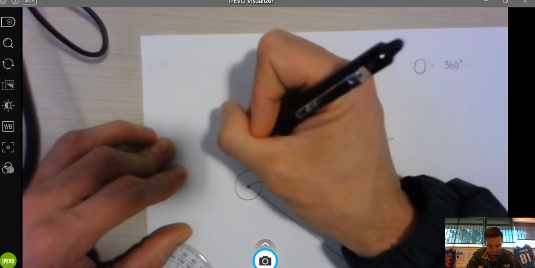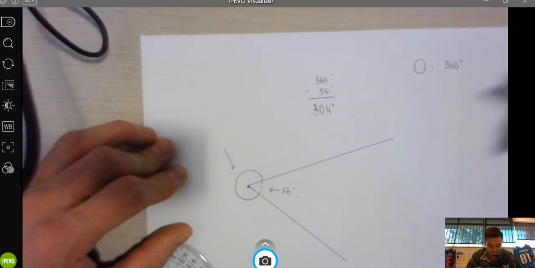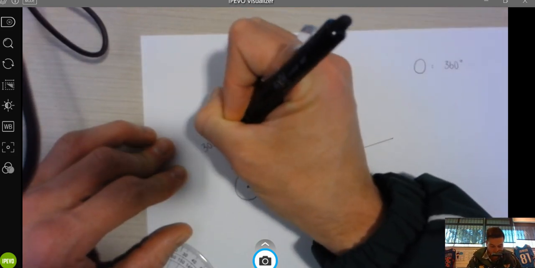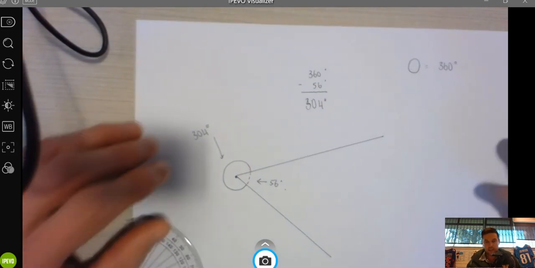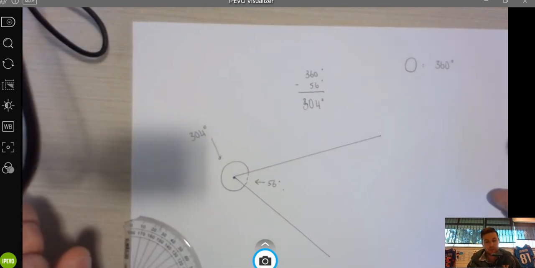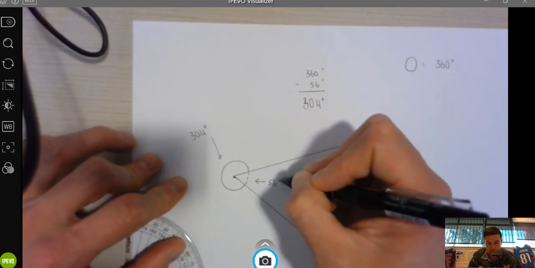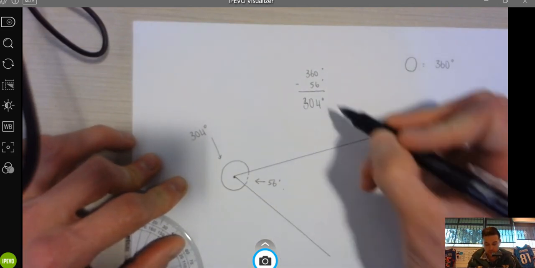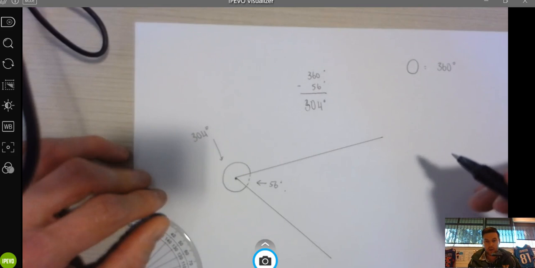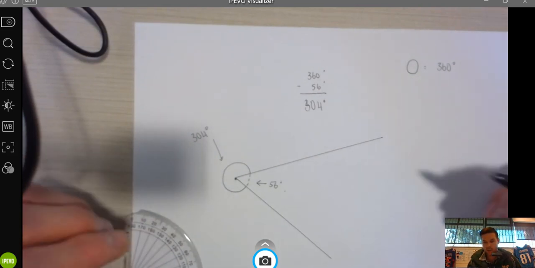So that means that our reflex angle that goes on the outside is 304 degrees. That's the easiest way to work out a reflex angle, boys, okay, is you measure what's on the inside, take it away from 360, okay, and you get your answer of what's the outside's left.